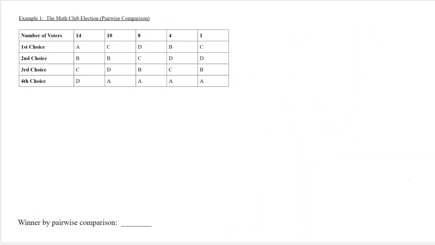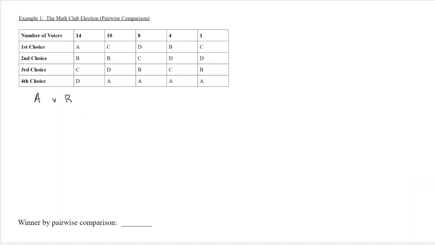So let's take a look at the math club election again. Remember, we have Alicia, Boris, Carmen, and Dave running for office of the Math Appreciation Society. So we need to list out all of our head-to-head matchups.